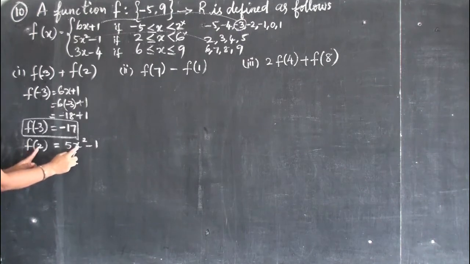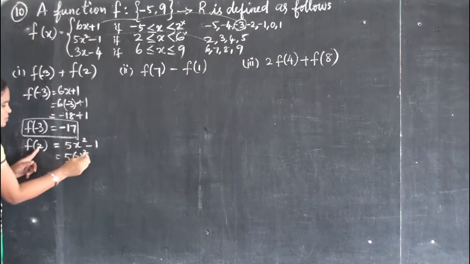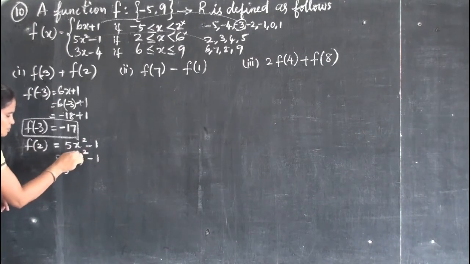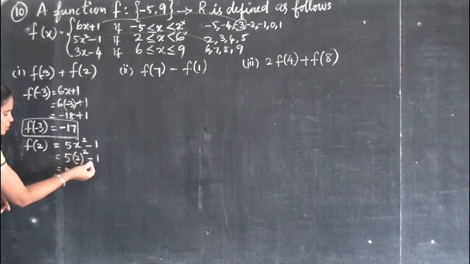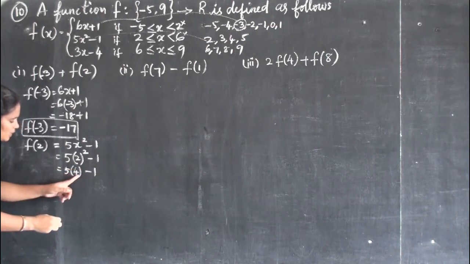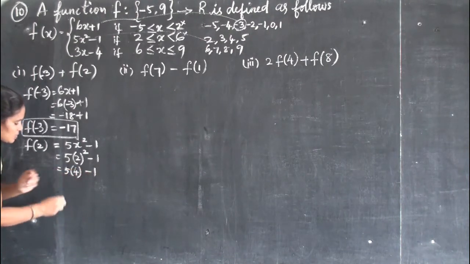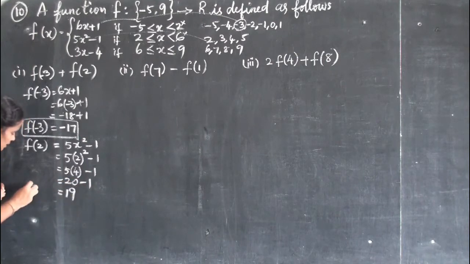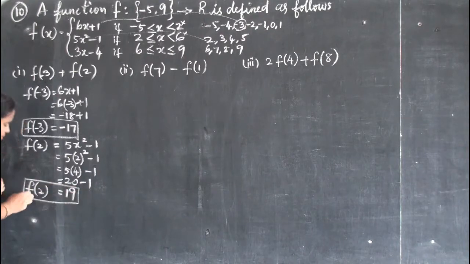Write this 2 square minus 1. Finish this bracket first: 2 into 2 is 4, minus 1. 5 4s are 20. 20 minus 1 is 19. So therefore, f of 2 is equal to 19.